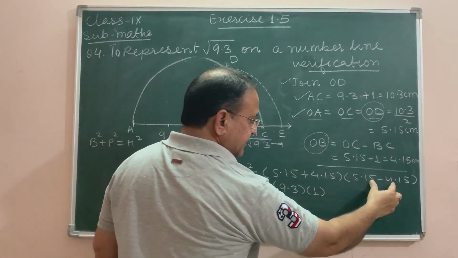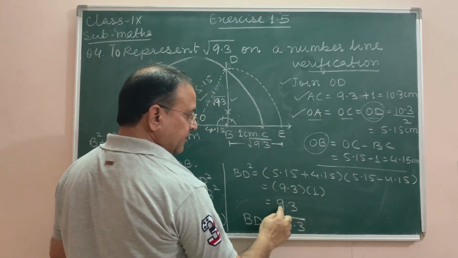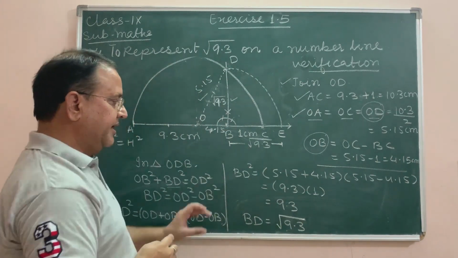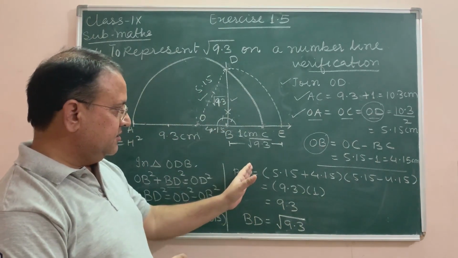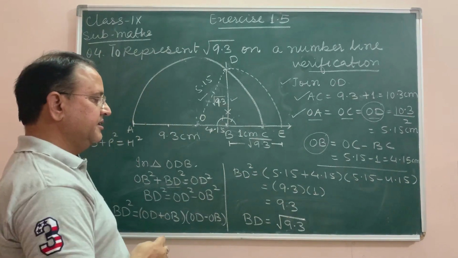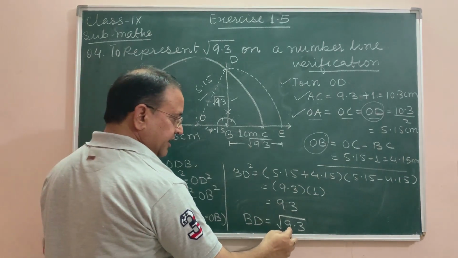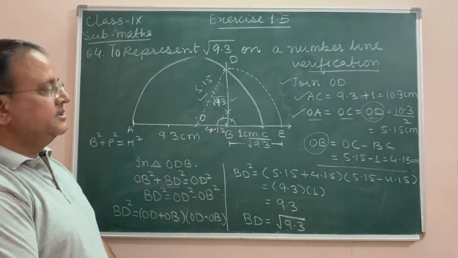When we subtract these two, we get 1. On multiplication, we get 9.3. Now BD square is equal to 9.3. When we transpose the square to the right hand side, it becomes square root 9.3. So length of BD is equal to square root of 9.3.